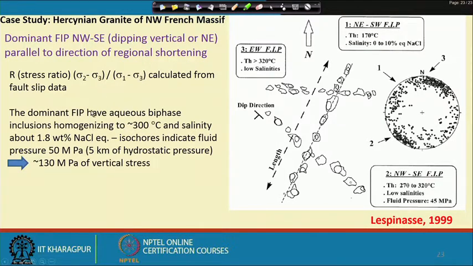Those kinds of calculations are also made from the structural data obtained in the field from the slip on the fault plane and many other kinds of features that are measured in the field.